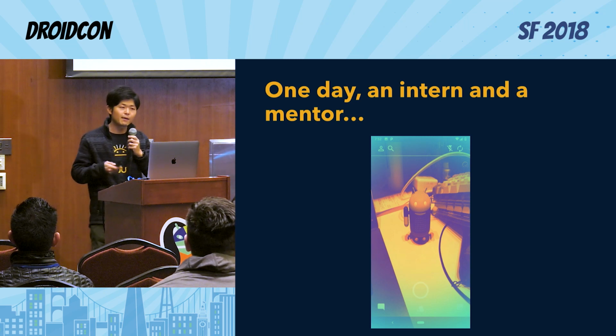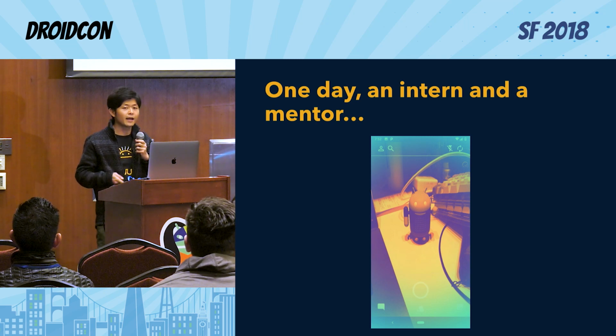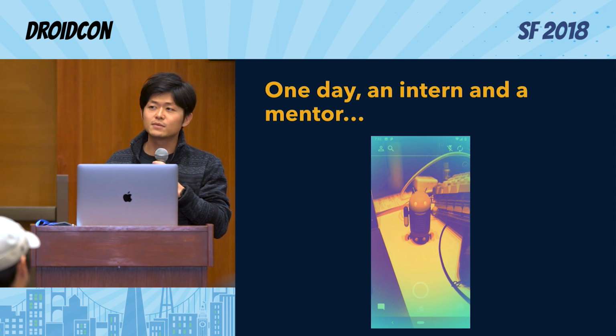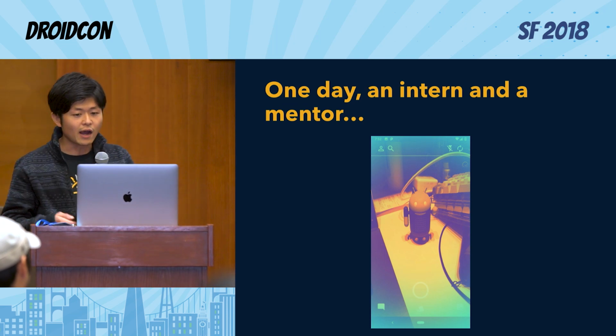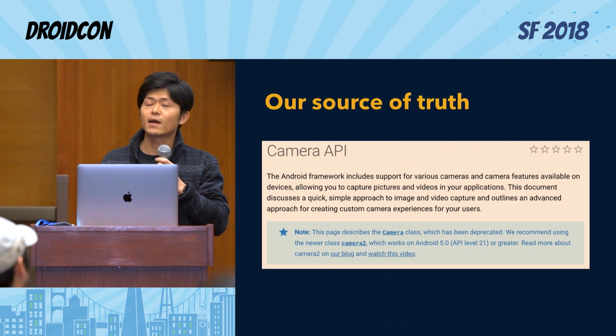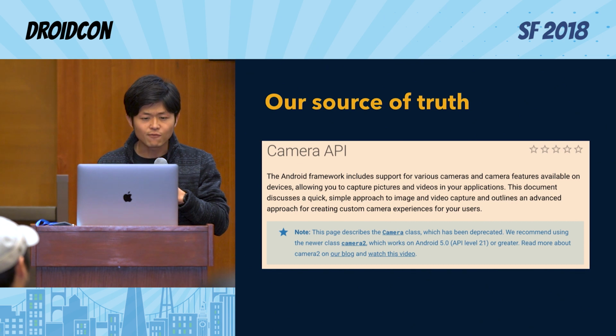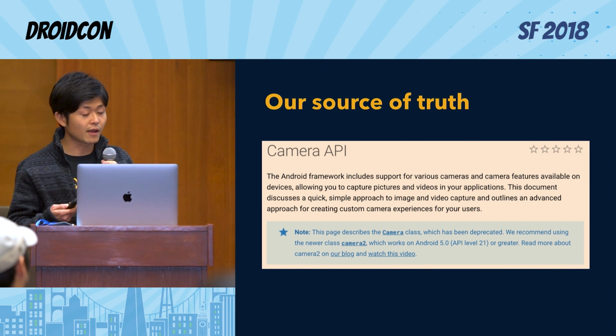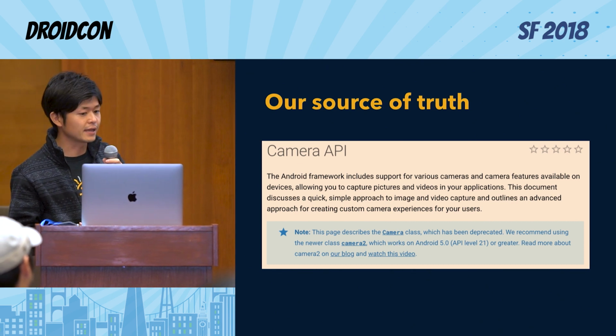I gave him a book to read on Android, but it didn't have a description about camera. So we went to our source of truth, the Android developer documentation, and found out that the Camera2 API document hasn't been updated for a while.